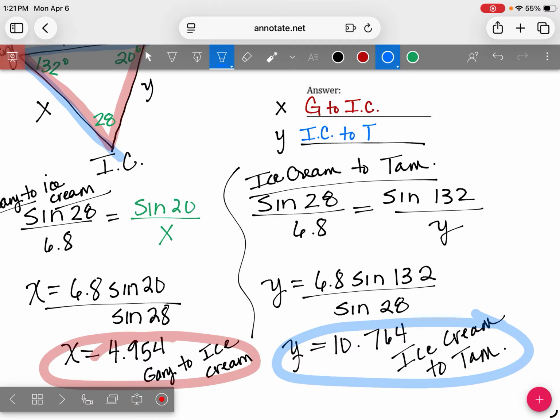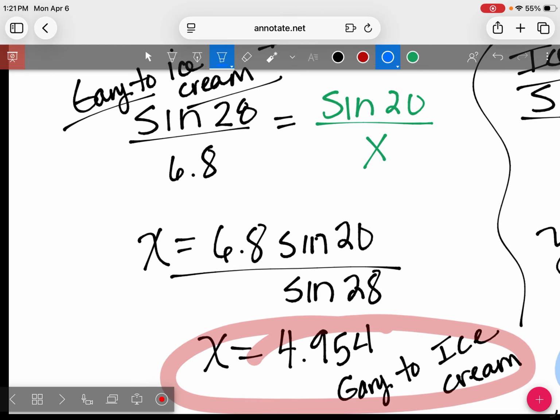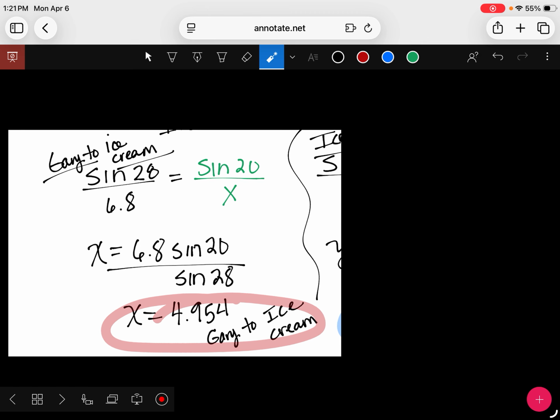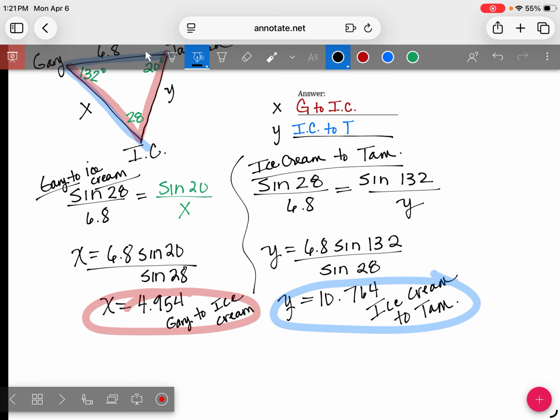That's my proportions. So let's look at this one first. So I cross multiplied this direction. I didn't show my work, but I took 6.8 times sine of 20 and then divided that by the sine of 28. So I got 4.954 for Gary to the ice cream. Anybody else get that? All right, good. Let me write that over here. 4.954.